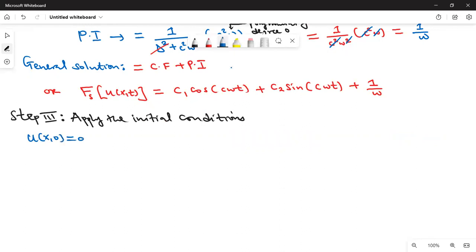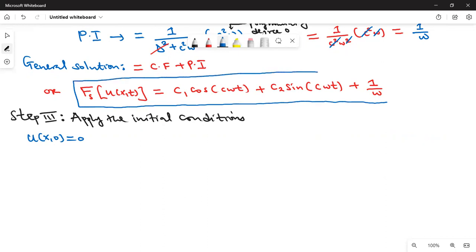Because look at our general solution, it is in terms of the Fourier Sine Transform. So before I apply the initial condition u(x,0) equals 0, I must also know the transform of that initial condition. So this means that the Fourier Sine Transform of u of x,0 will also be equal to the Fourier Sine Transform of 0.